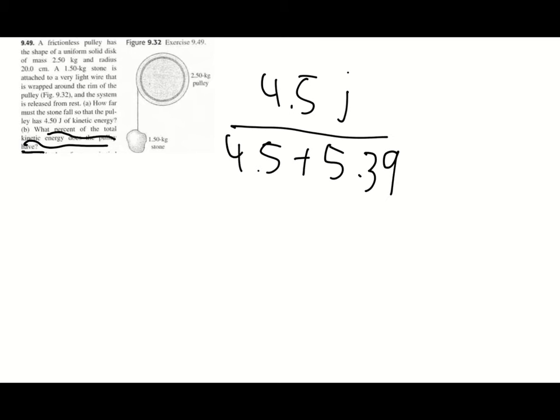We figured it out in the last problem, 5.39. It's 1/2 times 1.5 times 13.4 squared, the angular velocity, times 0.2 squared. If we take all those and divide it out, we get 45.5%. That's how much of the energy is left inside of the pulley when we're done.